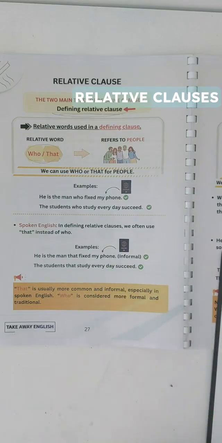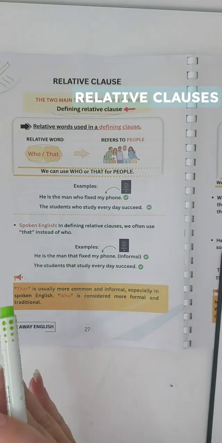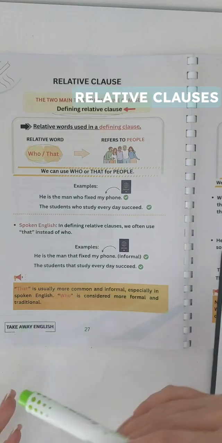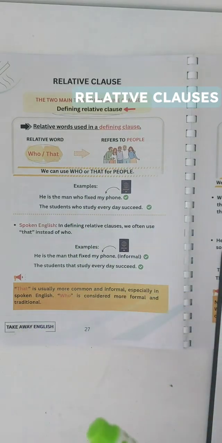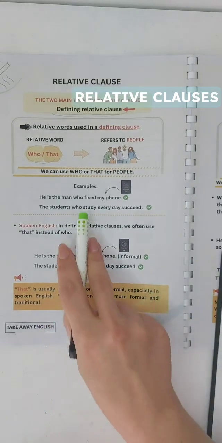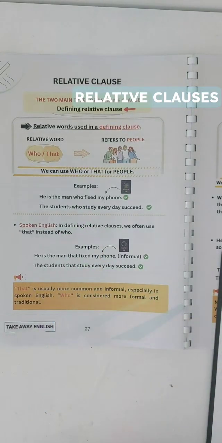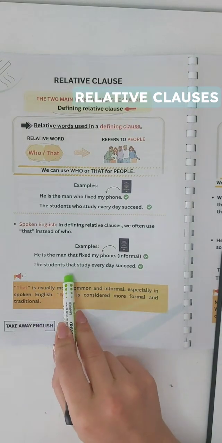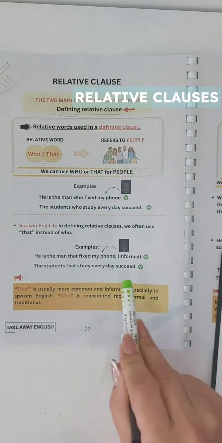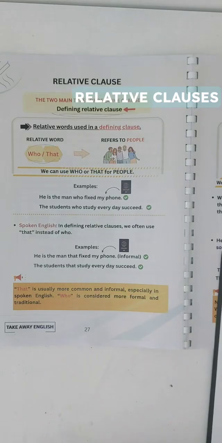Who is more formal, well, not as formal as whom, but that is more casual and commonly used in everyday situations. He's the man that fixed my phone, or the students that study every day succeed, okay?